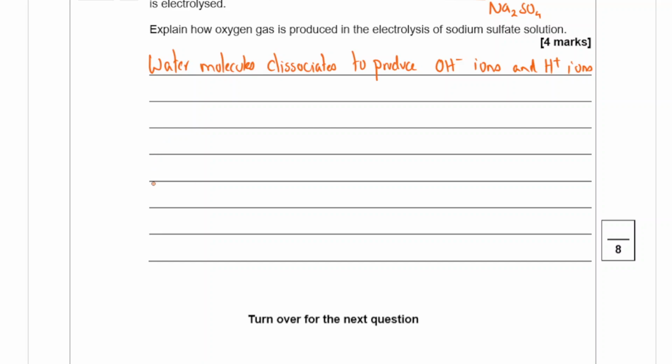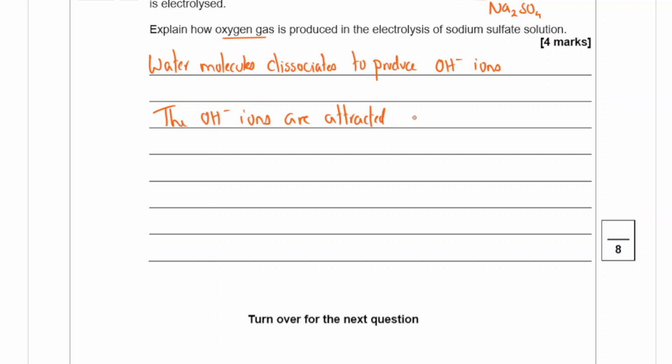So here they're actually asking about the oxygen gas, so I don't really have to mention the H plus ions. Let me get rid of this. Only the oxygen gas, so OH minus ions.